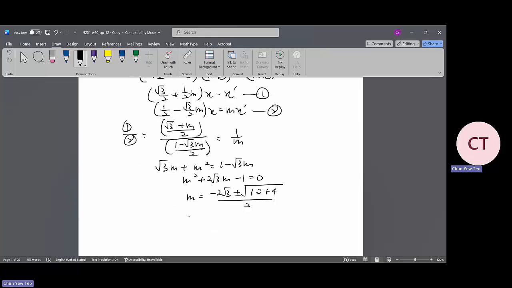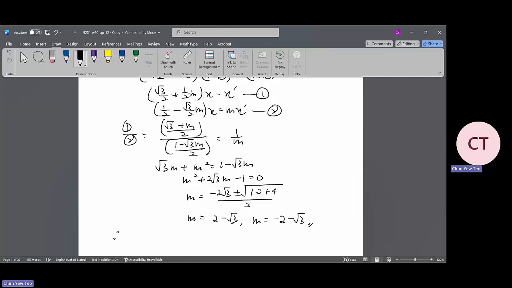Then therefore, your m will be 2 minus 3, and another value of m will be negative 2 minus 3. Yeah, correct. So this is the m.